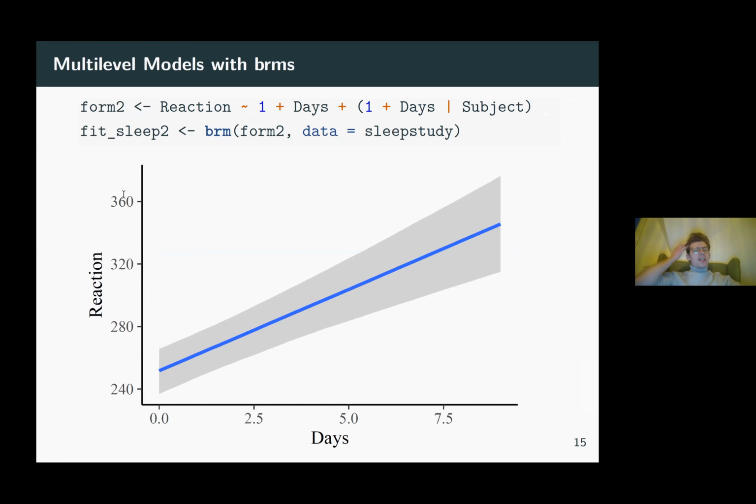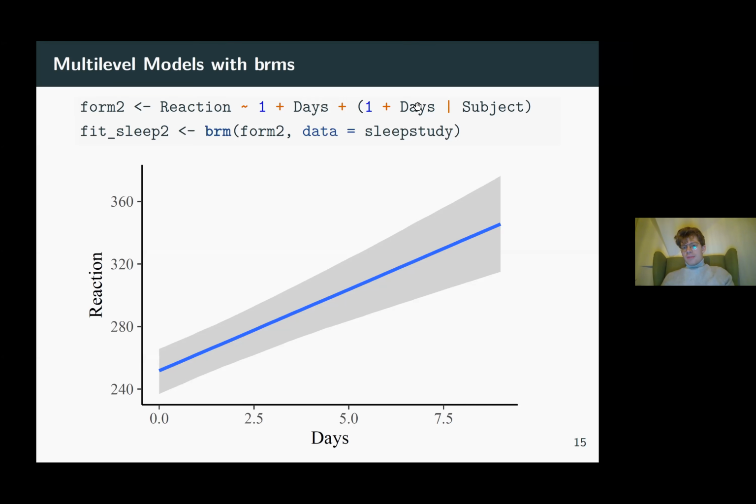And the syntax BRMS uses is, in this simple case, identical to the syntax in the LME4 package, or for that matter, in a lot of other multi-level packages in R. That is, if you want to add those varying coefficients across a grouping factor, you write stuff in brackets, and you separate in those brackets the predictors, 1 plus days.